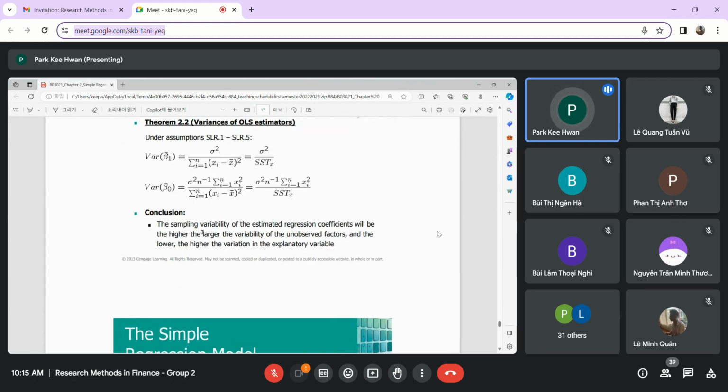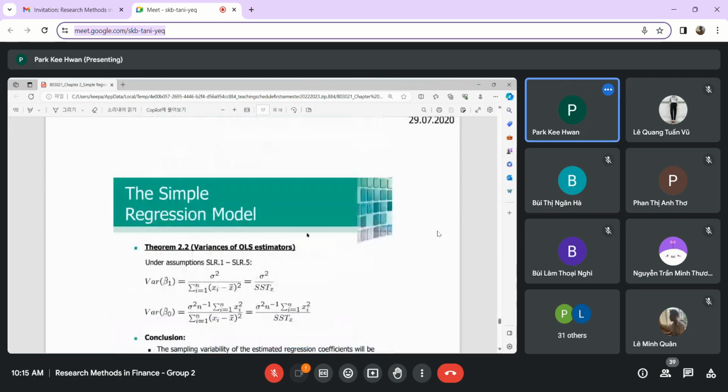So the sampling variability of the estimated regression coefficient will be higher the larger the variability of the unobserved factor. Okay, so that's what it means if we go back to the expression. The variance of this estimator will be higher when this numerator, which is the variance of the unobserved factor, which reflects the uncertainty of the unobserved factor, goes up.